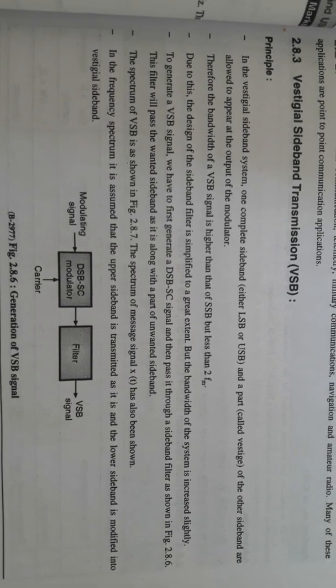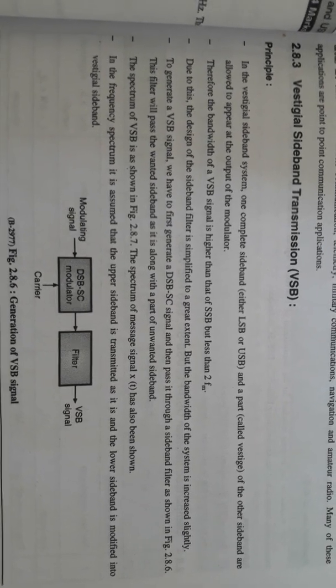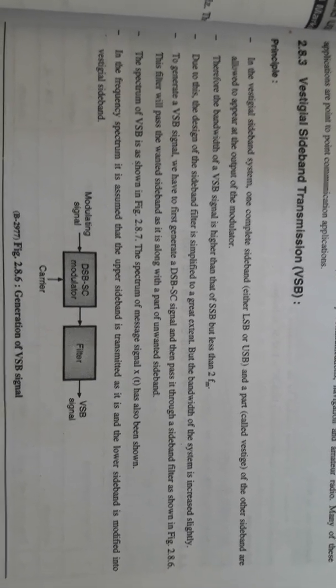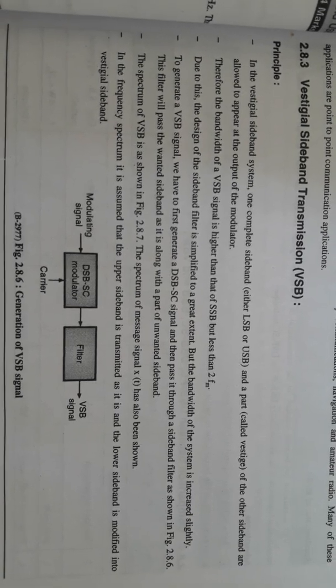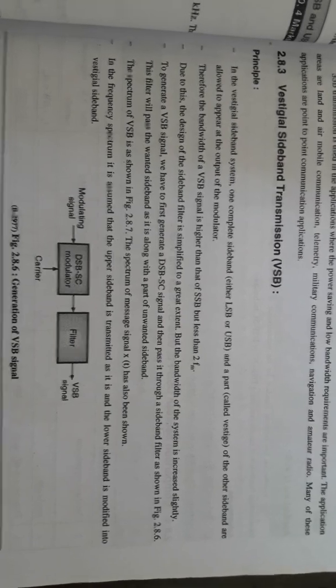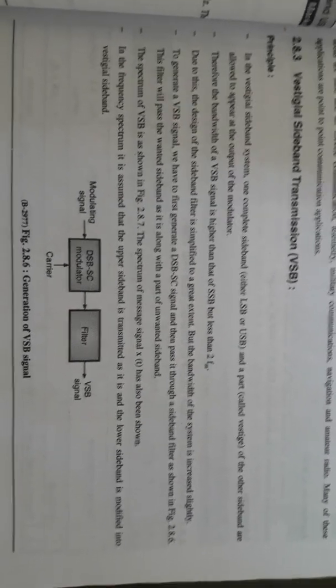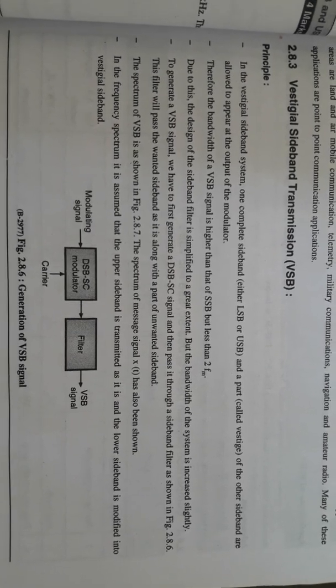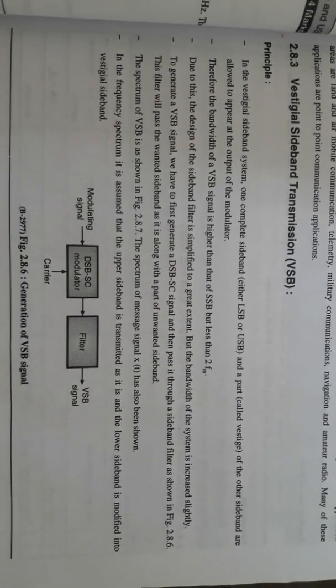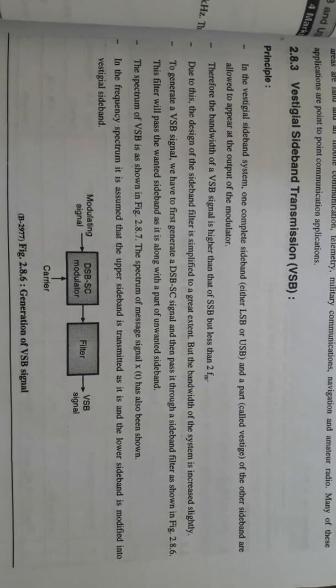If we want to reject that specific band and forward all other frequencies, then a band reject filter is used. Such filter design is also needed in the case of VSB transmission, because if we want to filter some frequencies and forward others, filtering is needed.